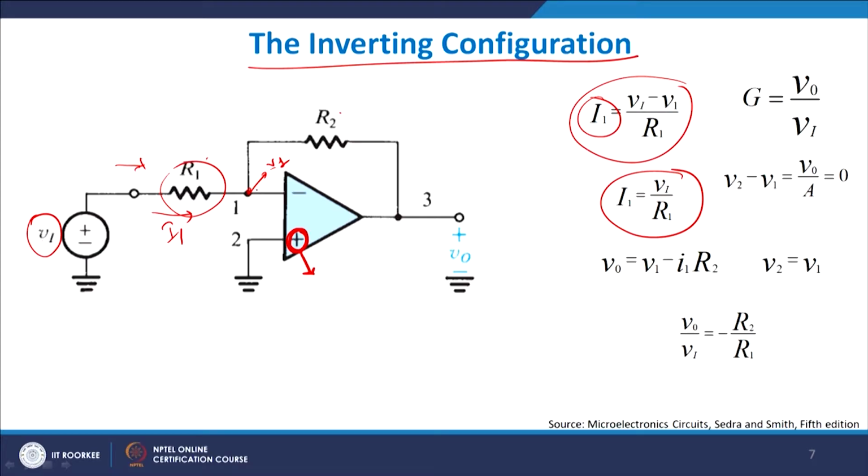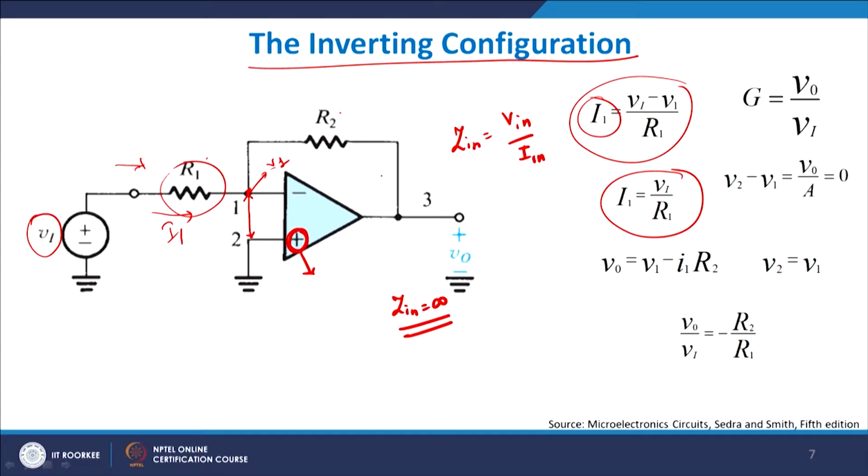Why? Because, and this is quite interesting, this is the concept of virtual ground: in an operational amplifier, since my Zin equals infinity, the voltage at arm number 1 here will try to equalize itself to arm number 2, because remember Zin was defined as Vin by Iin, right.